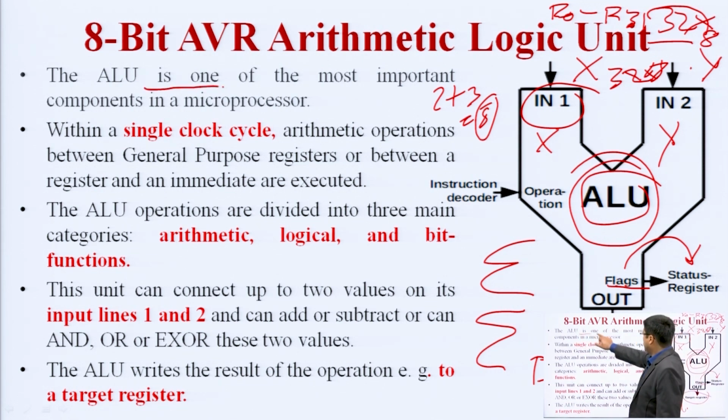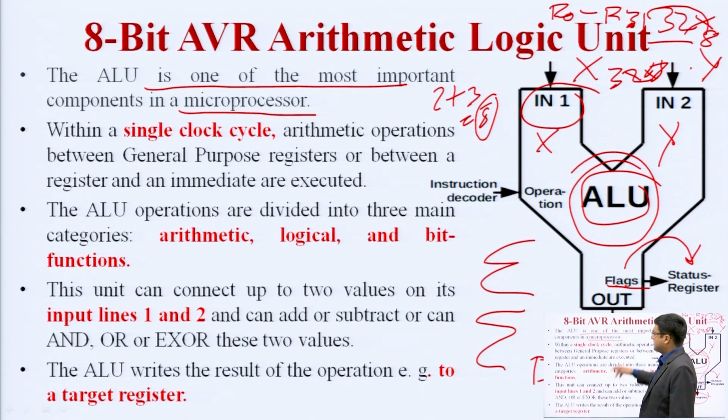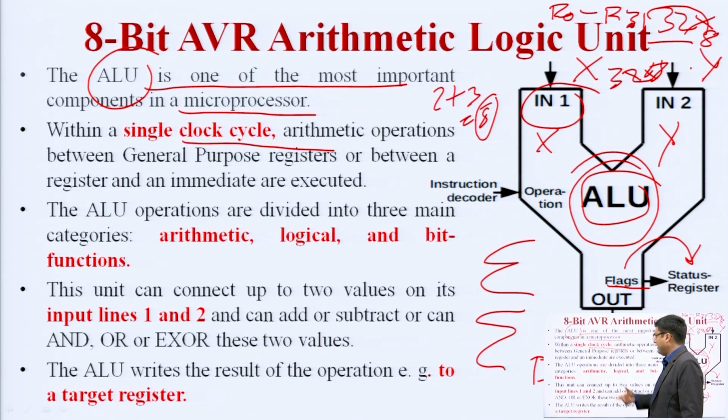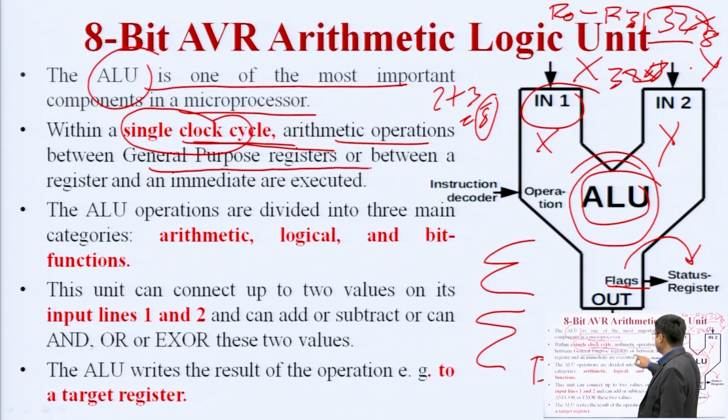ALU is one of the most important components in a microprocessor. Without the ALU, any processor cannot work, because in any processor you need to do arithmetic and logic operations, and these are carried out by the ALU unit. Within a single clock cycle, which every microcontroller needs, provided by the crystal oscillator as we have seen in previous lectures, arithmetic operations between general purpose registers, or between a register and an immediate value, are executed.